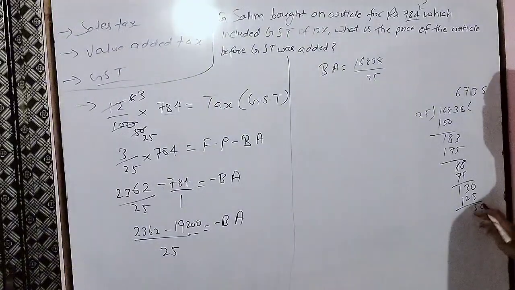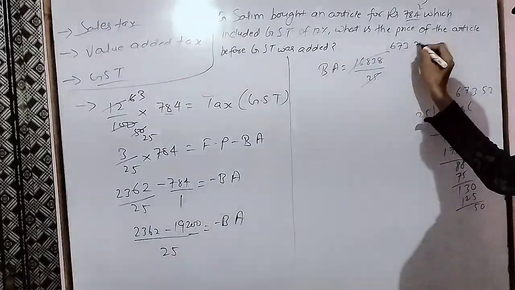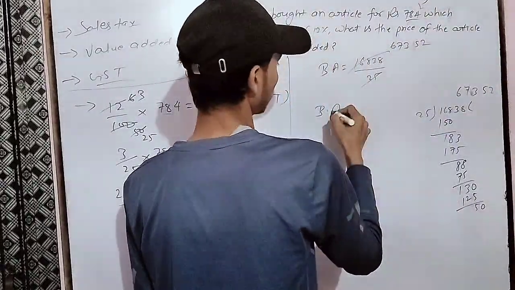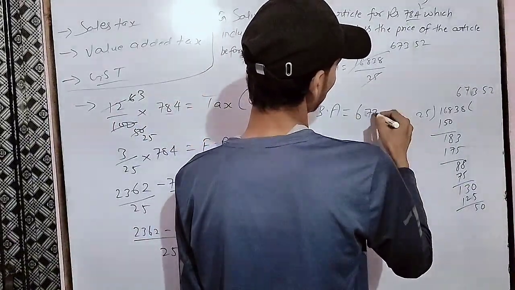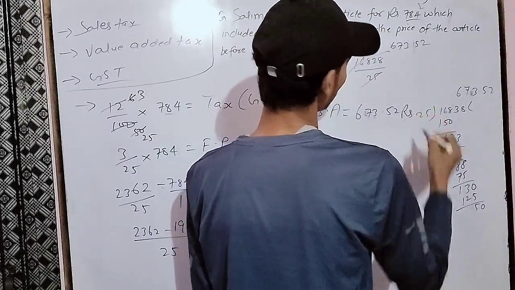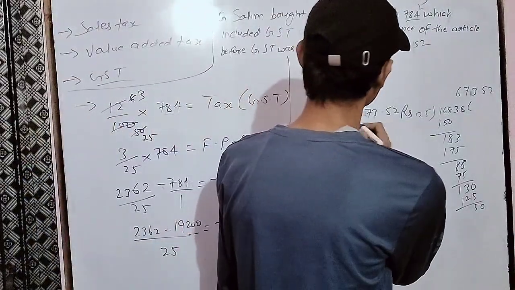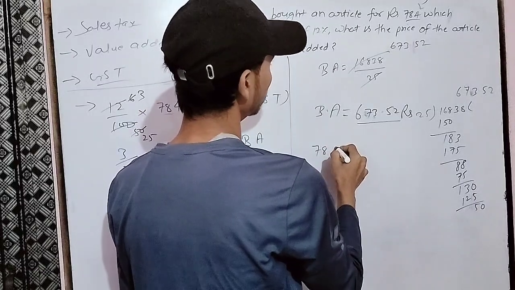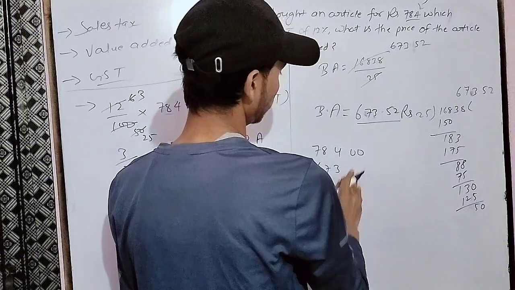So the bill amount, which is the selling price, is how much? 673.5. This is rupees. Now we can check. Okay, this is the bill amount, and this is the final price. 784, less 673.52.